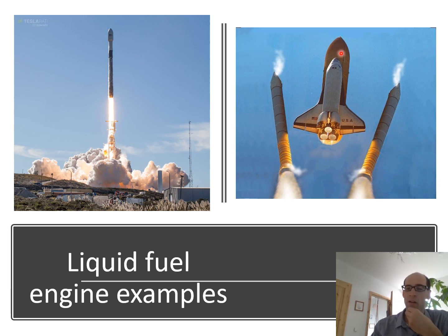And that foam coated external fuel tank is feeding oxygen and hydrogen into the space shuttle's three main engines, which are at the back, and they are running at full power in this photograph, but as discussed, they're just making a relatively invisible flame because the only thing that's coming out of them is water, and they were amongst the most powerful liquid fuel engines ever built. Actually, the space shuttle main engines were very sophisticated pieces of engineering in their own right, and deserve me to actually do a properly researched video on them at some point.